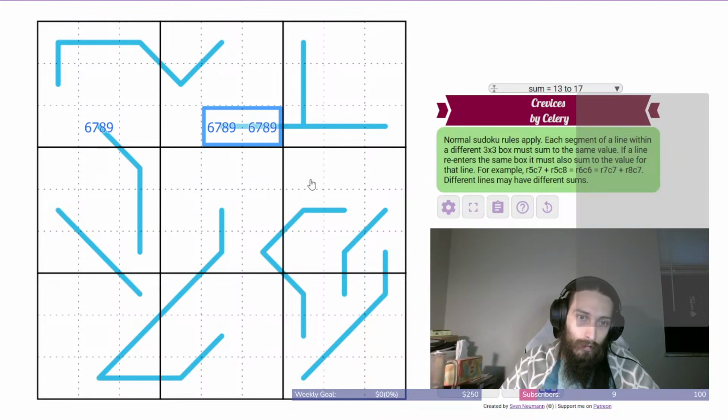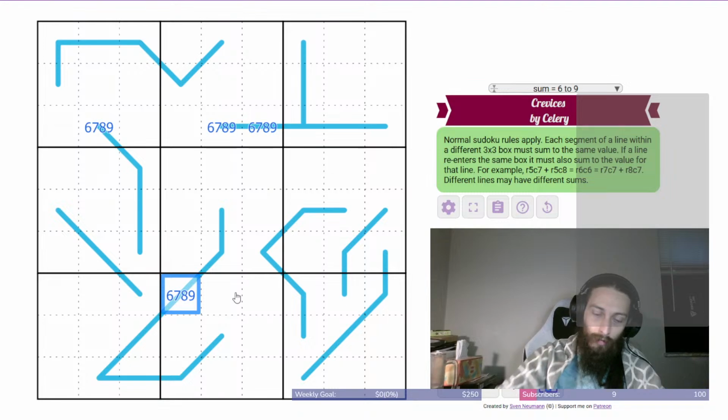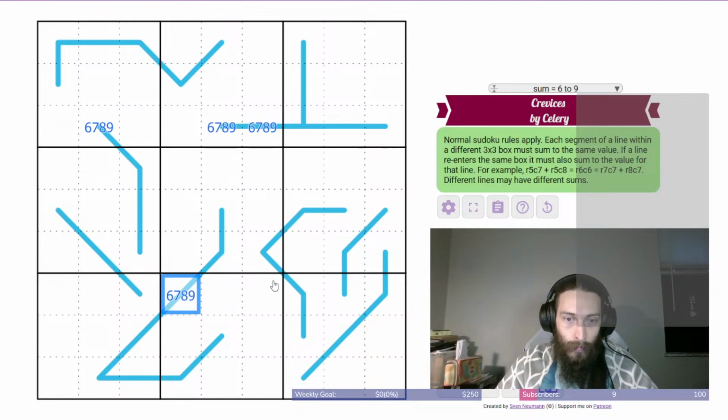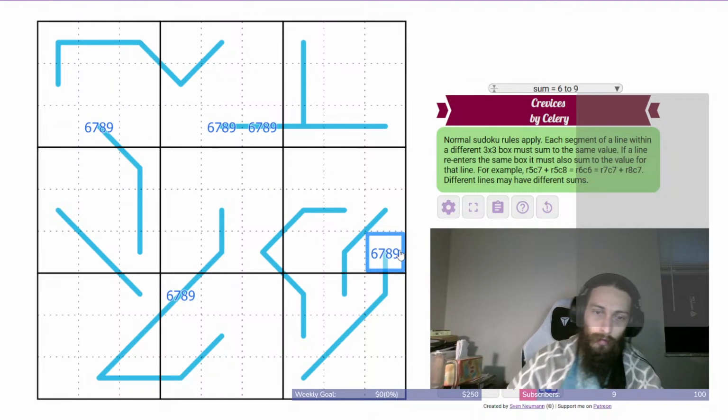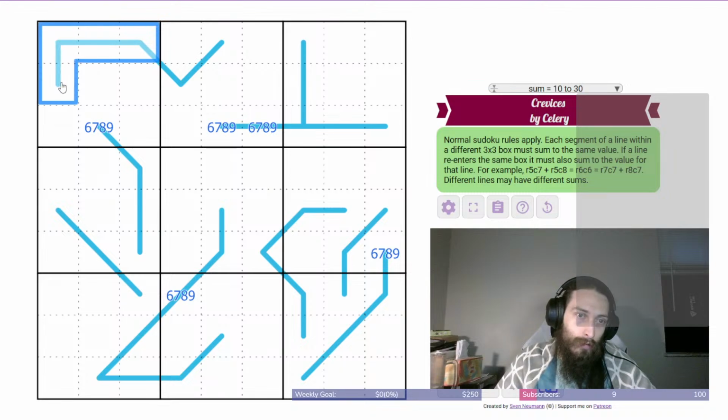And the line that goes from box 5, there's a single digit that sums to 3 also. 6, 7, 8, 9. And in box 9, we've got a group of 3 that has a single in box 6. I think that's all the trios.